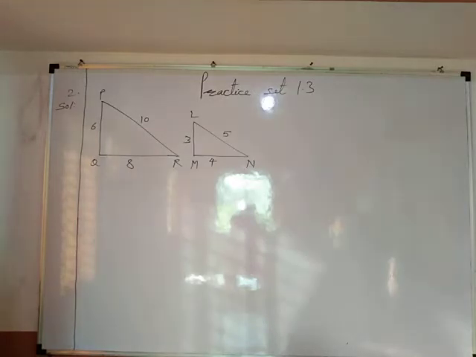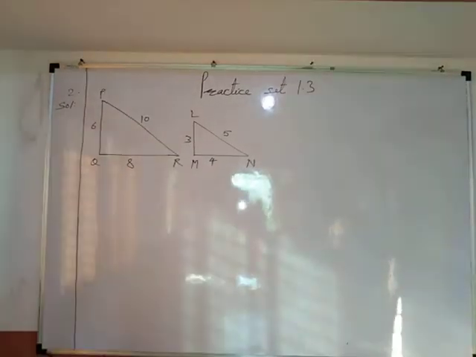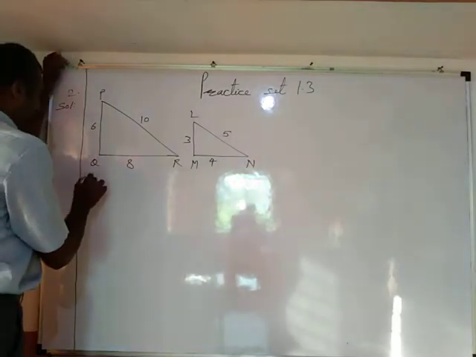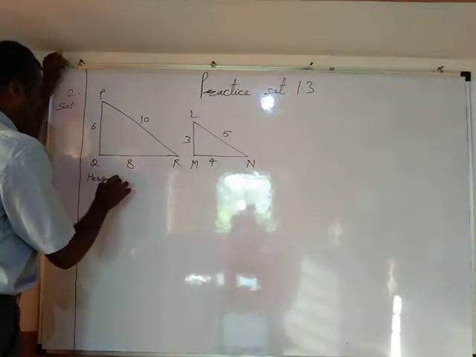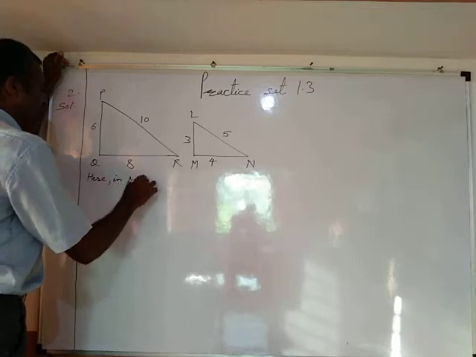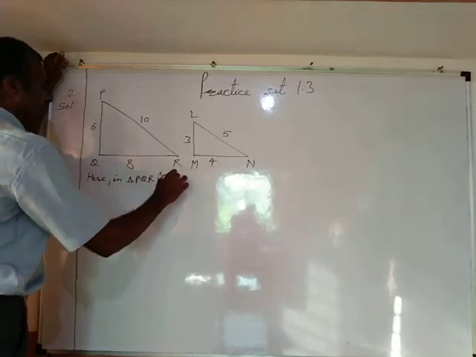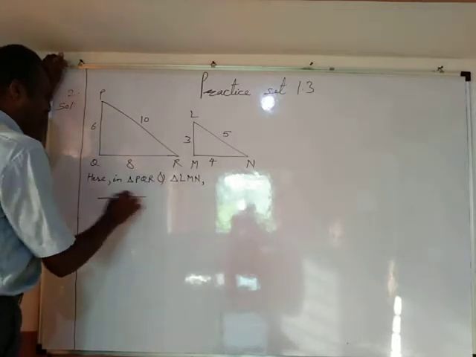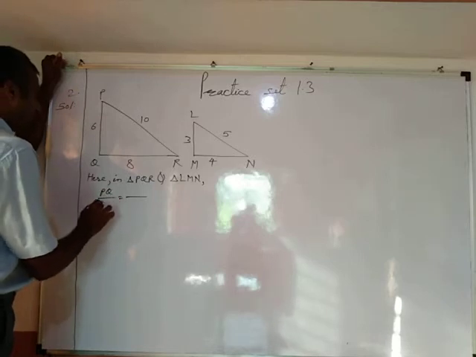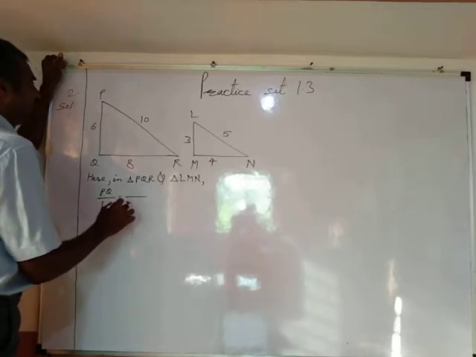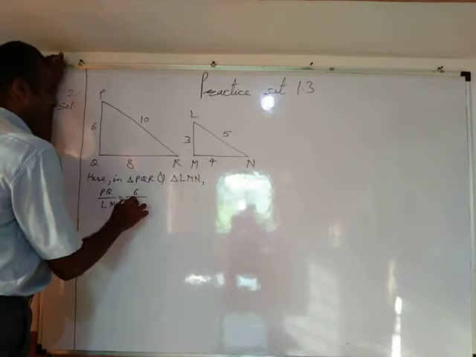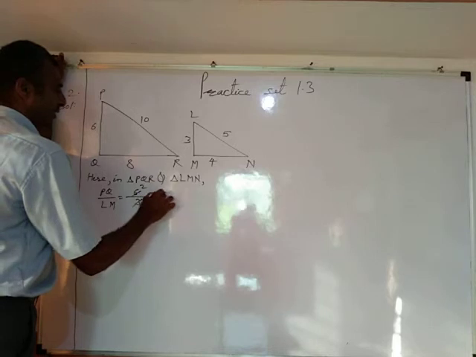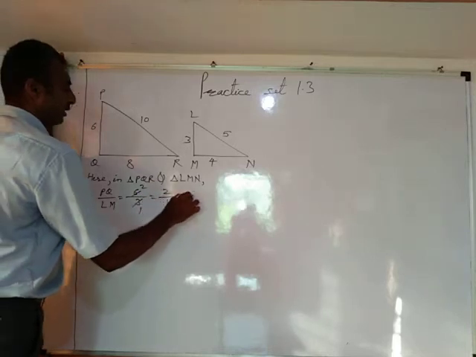Let's mention. Here in triangle PQR and triangle LMN, PQ upon LM equals 6 upon 3, 3 ones are 3, 3 twos are 6, that equals 2 upon 1.